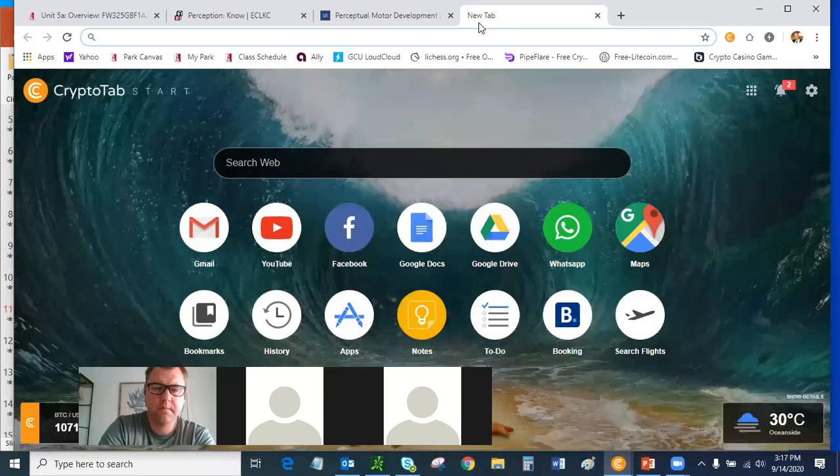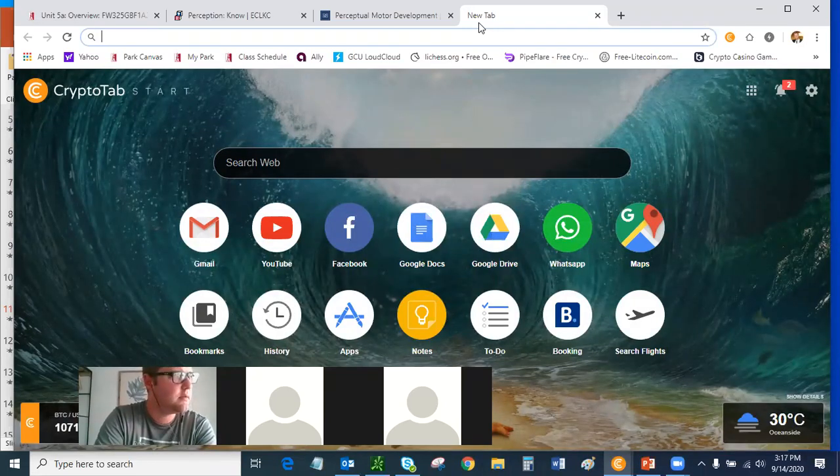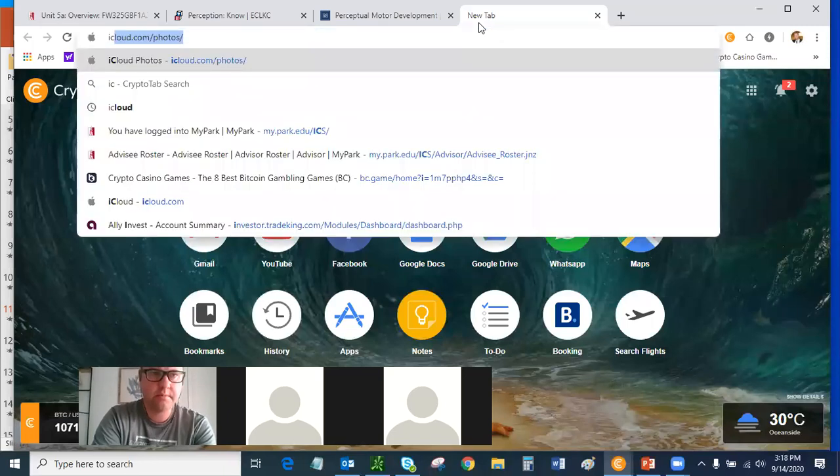What is the... It's not iTunes, it's Google Drive. No, not Google Drive. What the heck's the storage thing for your iPhone or the cloud? iCloud, there we go.